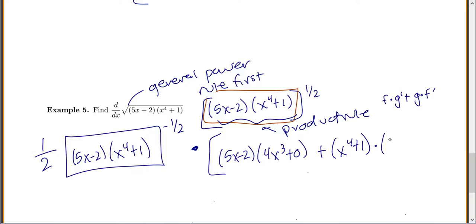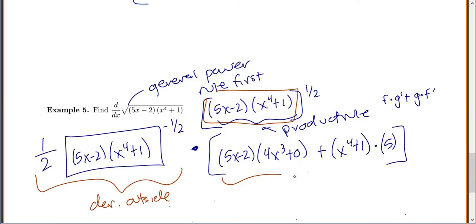Derivative of 5x minus 2 is just 5. Okay, so we had to do a few different things here. So this is the derivative of the outside, and this is derivative of the inside, but we had to use the product rule.